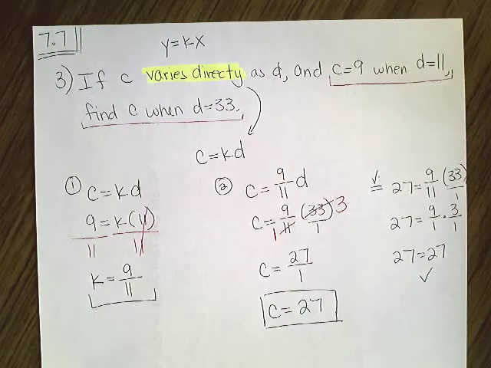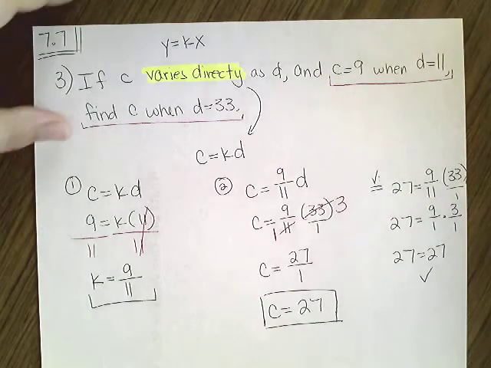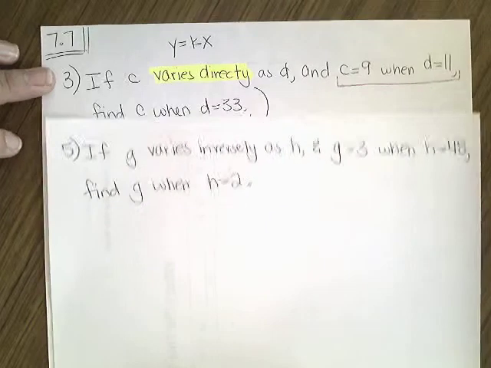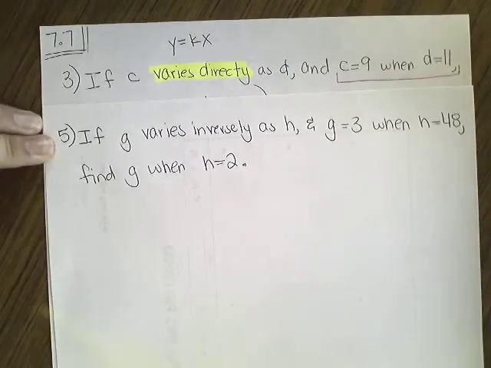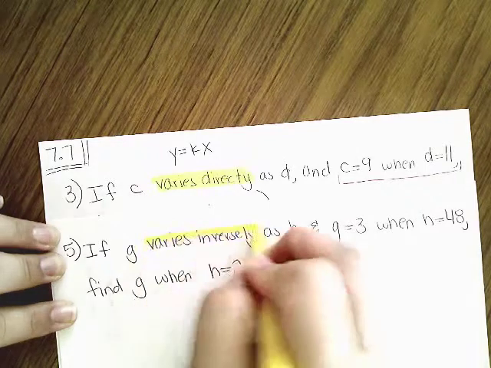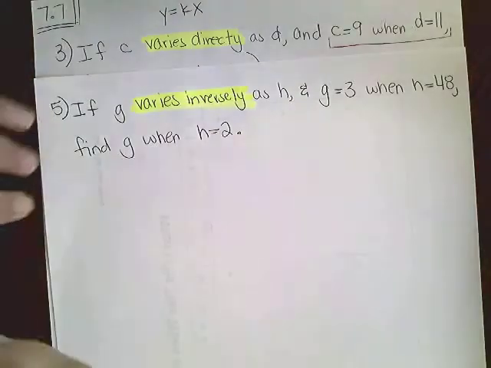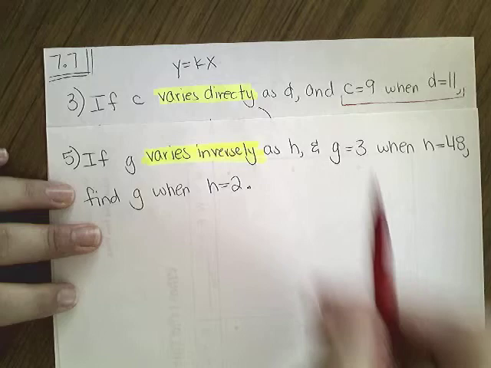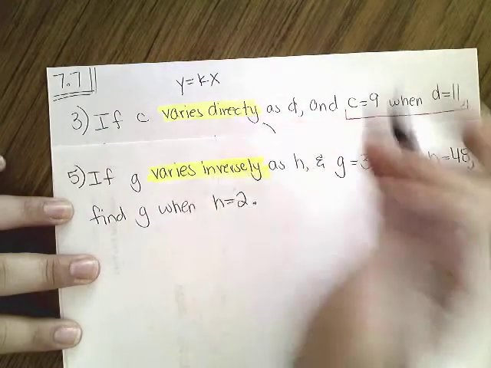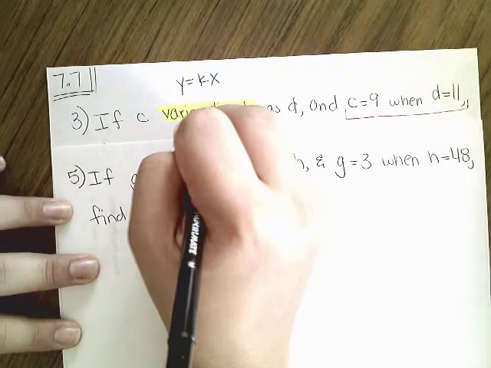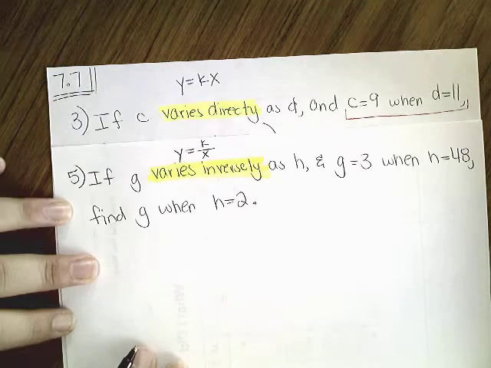We also have another situation when something varies inversely. Instead of using the equation y equals kx, we use the equation y equals k over x.